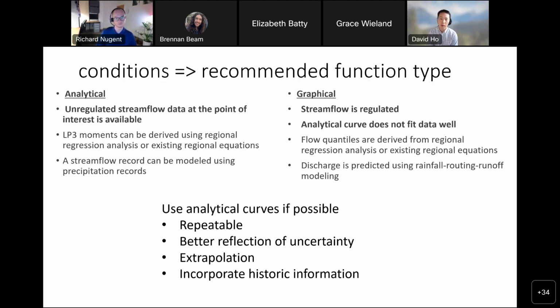If you are in a regulated situation, which happens pretty often in major streams, you could unregulate the flows, then perform an analytical frequency curve. In hydrologic analysis, we do this pretty often to incorporate more years of record into our frequency curve. For flow gauges downstream of a reservoir, within the period of record, we'll notice a pretty significant change in your flow magnitudes before and after that reservoir was put in place.